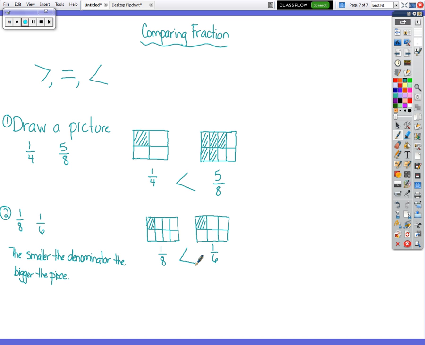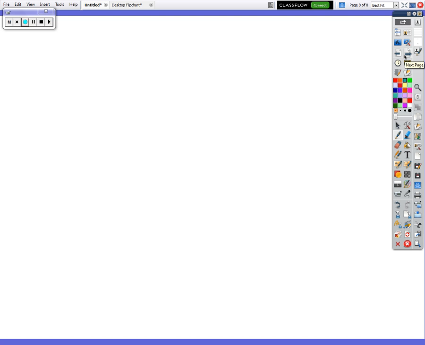The third strategy is another strategy that can only be used with certain fractions, and that is making equivalent fractions. Sometimes you can make an equivalent fraction because, out of the 2 numbers you have, you can get to the other denominator evenly. Sometimes you can't. Taking that 1/4 and the 5/8, I know I can get from 4 to 8.